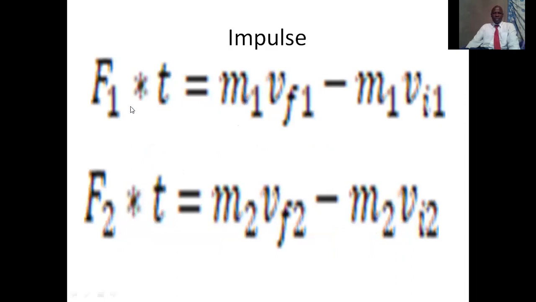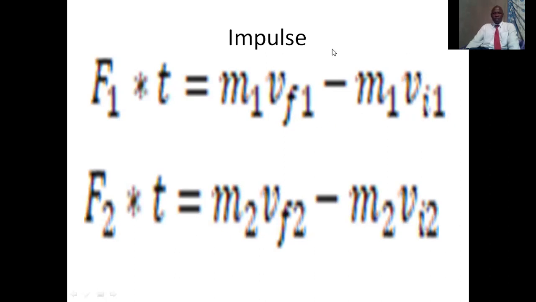So for example, let's take the impulse of one object. This object, M1, has a change in momentum, meaning it has a final velocity, given by F1, and the same object has an initial velocity, given by I1.